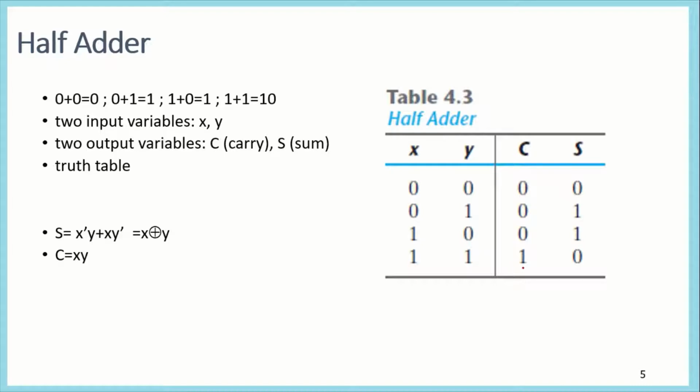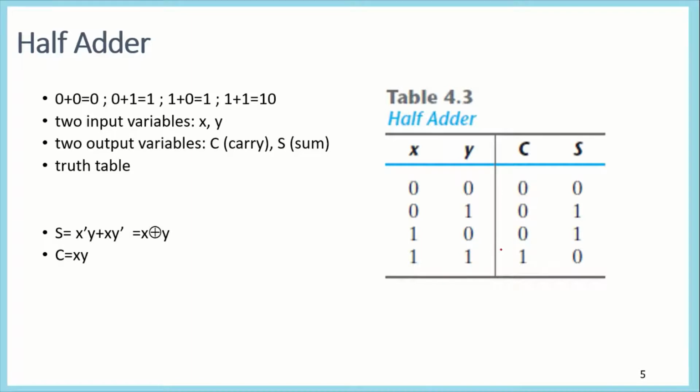When both of them are equal to 1, then we will have sum equal to 0 and carry will be transferred to the next column. So to accurately represent the process, we have to represent it in a 2-bit output, in the form of sum and carry.